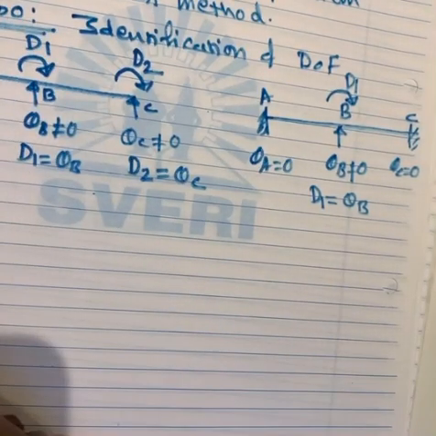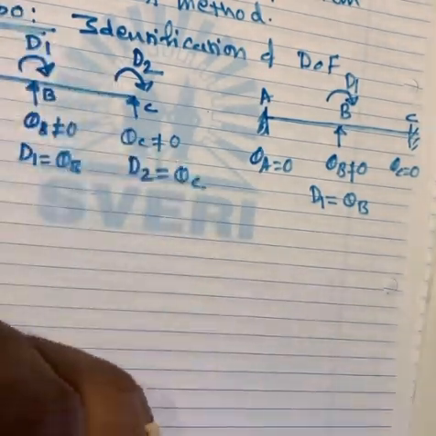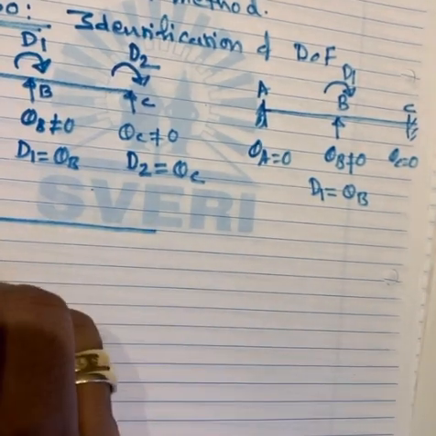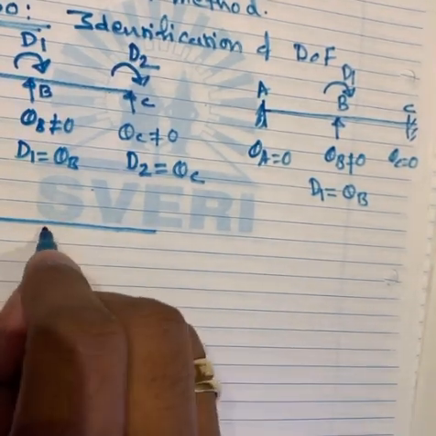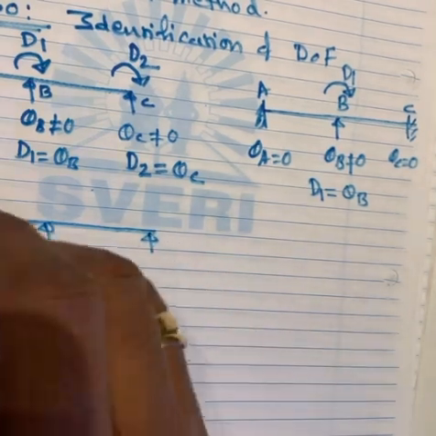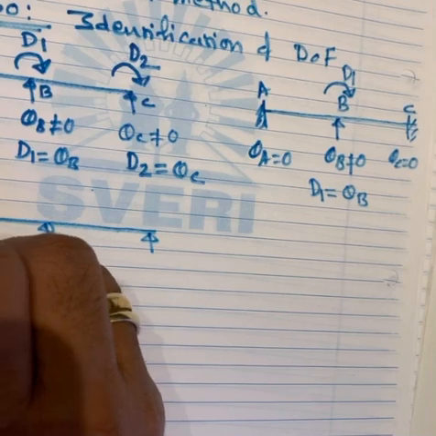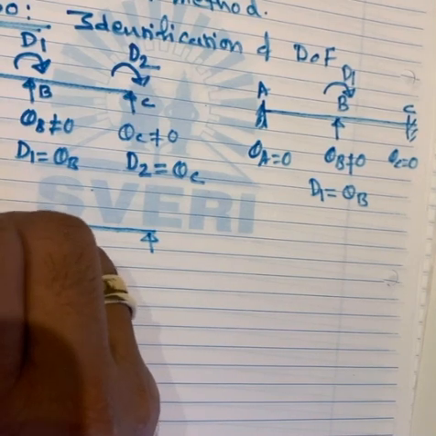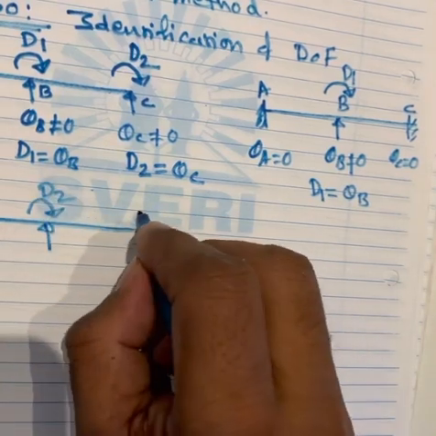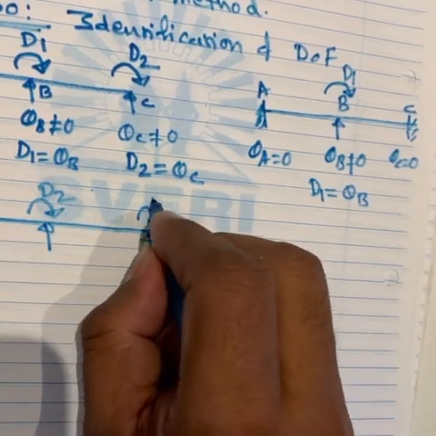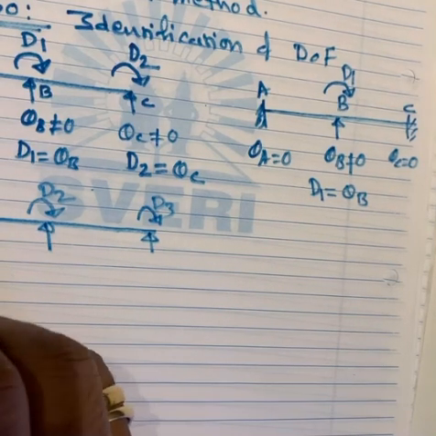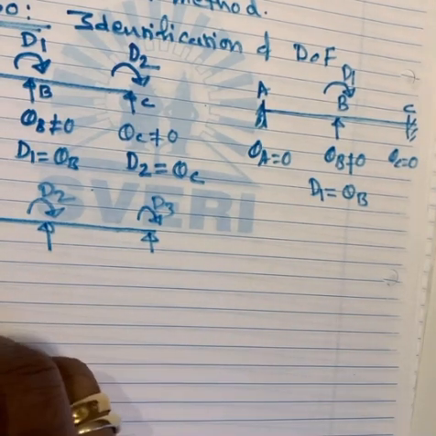Let us take one more example, where we may have 3 degrees of freedom for the two span. What are the possibilities here? Let us say D1, D2 and maybe D3. As far as our syllabus is concerned, we have up to 3 degrees of freedom.